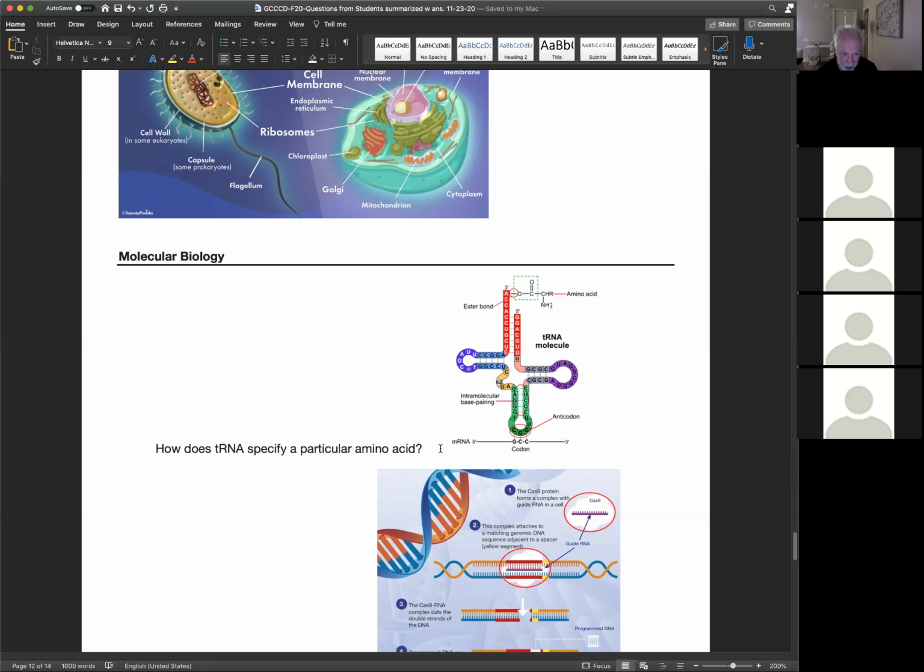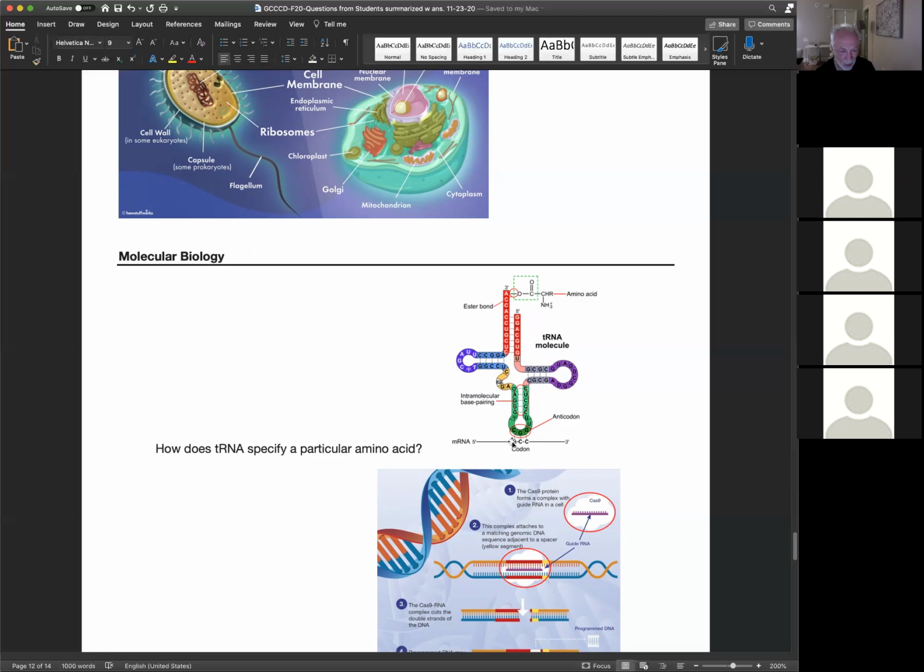Now, mRNA is a string of bases. And they arrange themselves into sets of 3, and these are called codons. So the codon and the anticodon match up, and that matchup is critical in determining the amino acid that's going to be added to the growing chain.